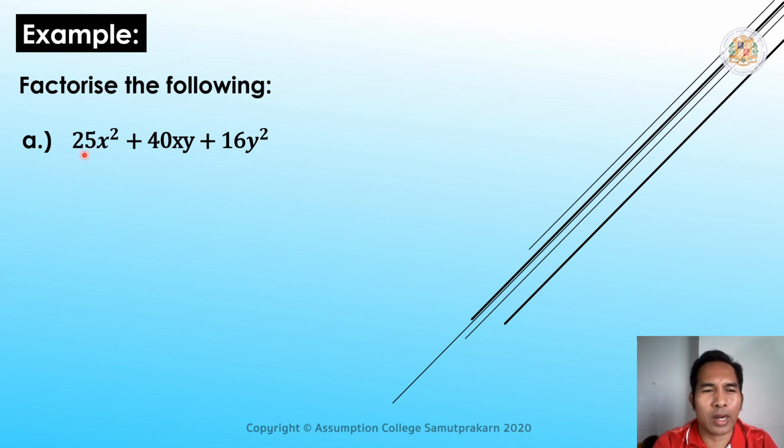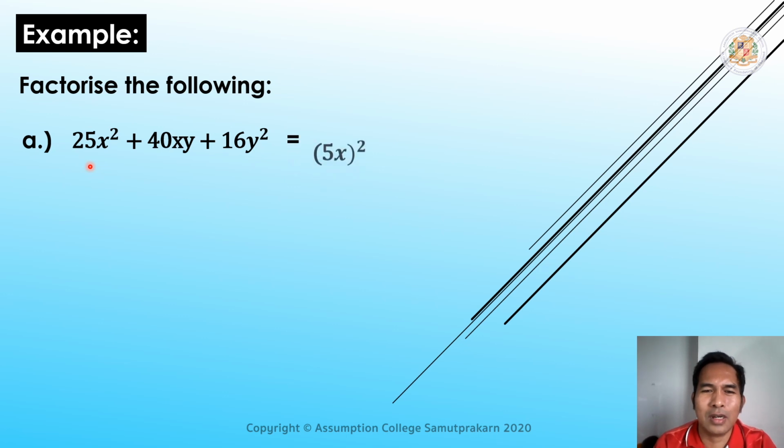25x squared. Is 25 a perfect square? Yes. What is the square root of 25? The square root of 25 is 5. How about x squared? What is the square root of x squared? The square root of x squared is x. So therefore, the square root of the whole quantity of the first term is 5x.